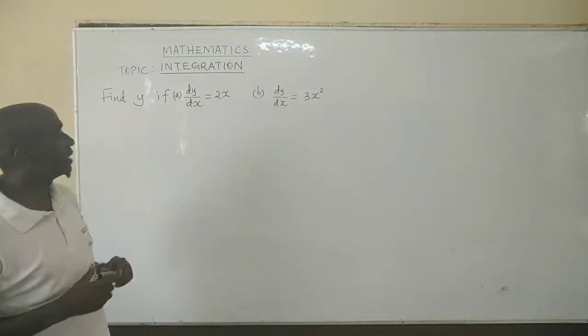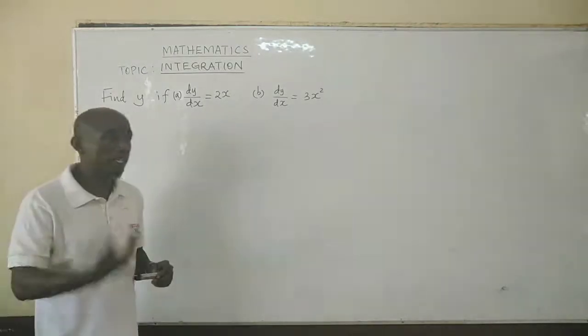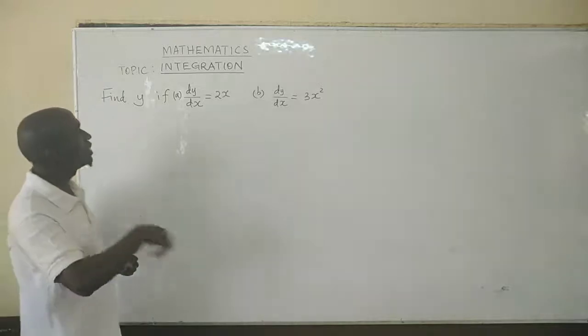We learned in differentiation how to find a gradient function. So what did we differentiate to get 2x? That is the question. If you remember what we did in differentiation, when we differentiated y is equal to x squared, that is when we got 2x.